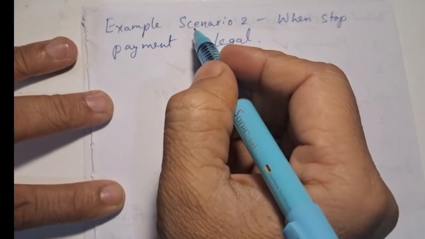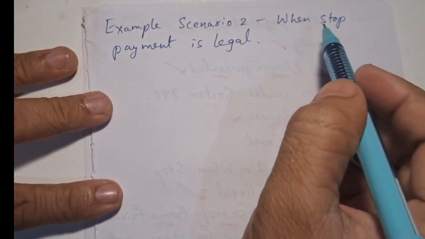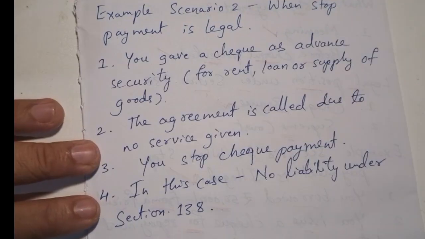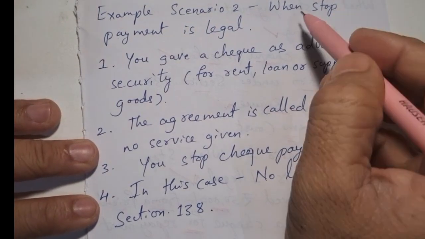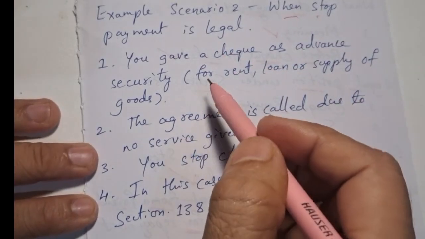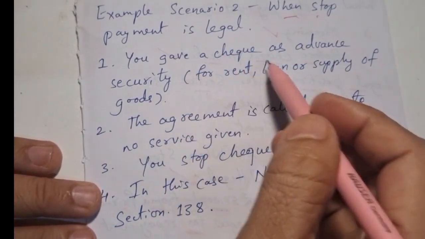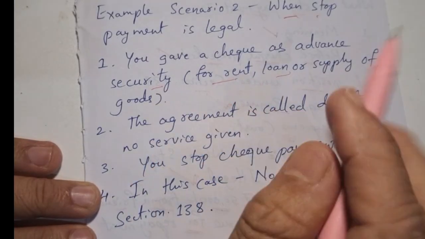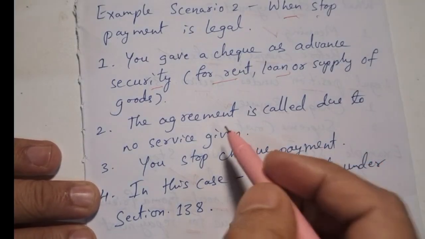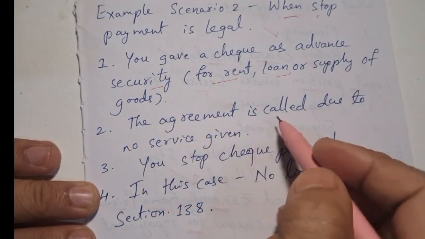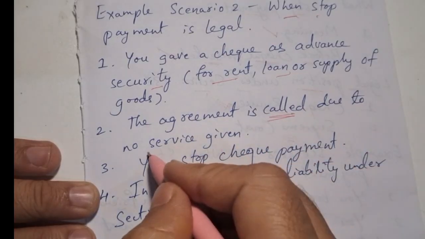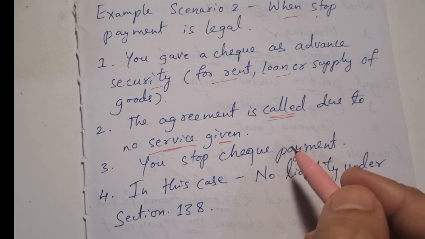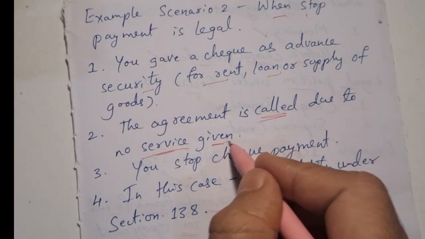Friends, now we will see a second scenario where stop payment is legal because no liability exists. So, when is stop payment legal? You gave a check as advance security for rent, a loan or a supply of goods. Very simple example. Later the agreement is cancelled, because no service was provided to you, or you have not received any service from the person with whom you made the agreement.